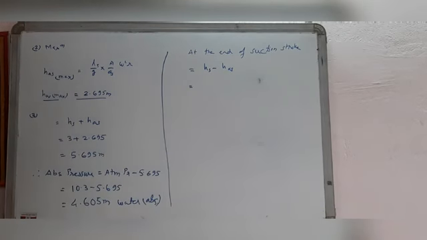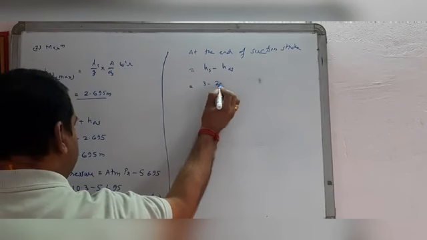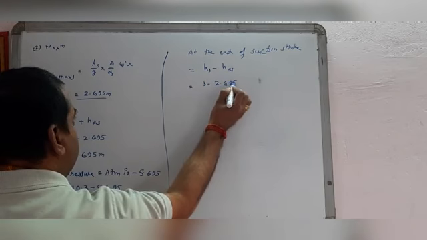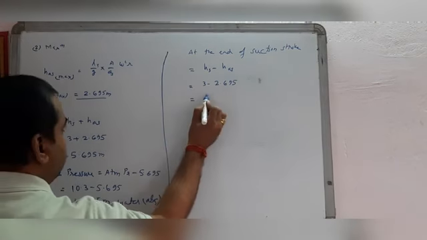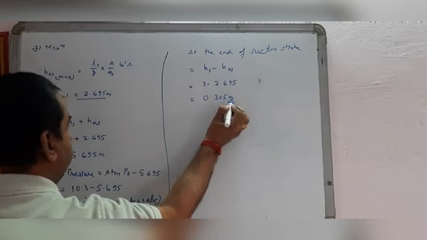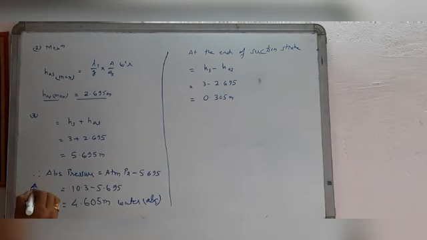So putting the values here, 3 minus 2.695. So this comes 0.305 meter below atmospheric pressure head.